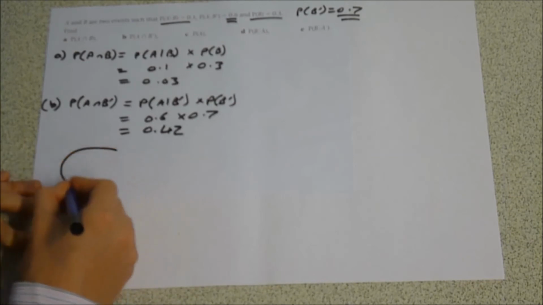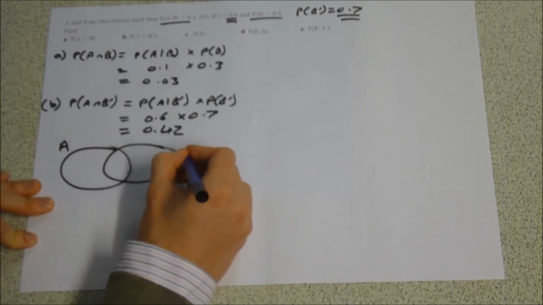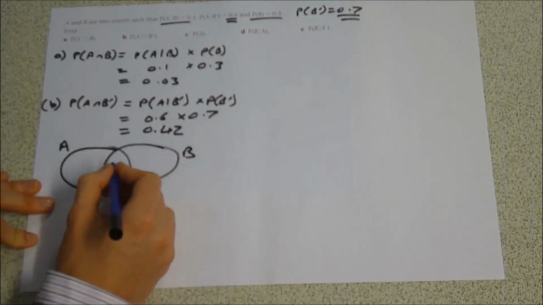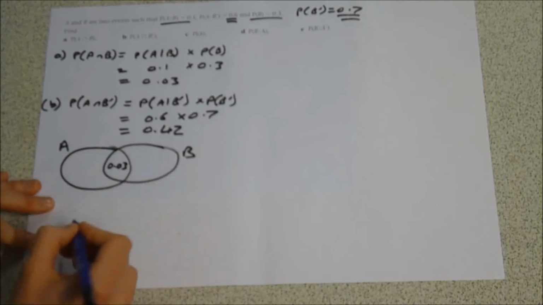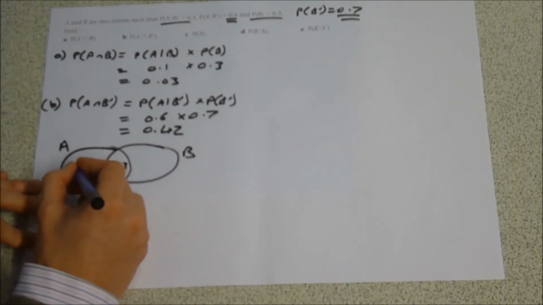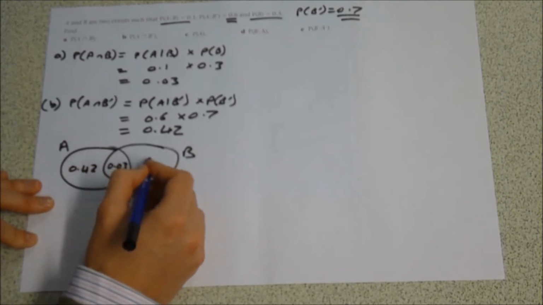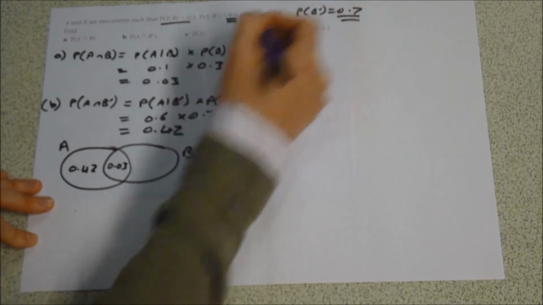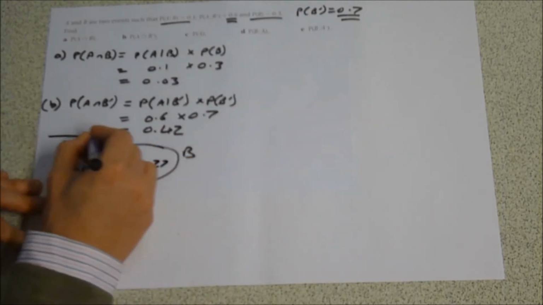So I've got my event A, I've got my event B, and I know the probability of A and B is 0.03. I know the probability of A and not B is 0.42. And to fill in this space here, I can just do the difference between 0.03 and 0.3. So that's 0.27.